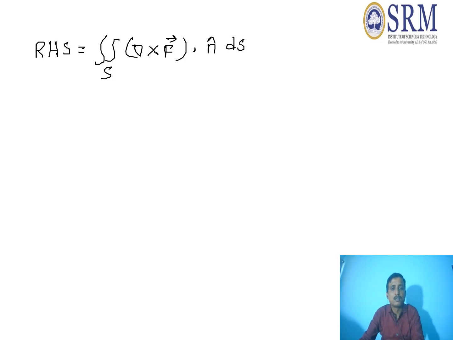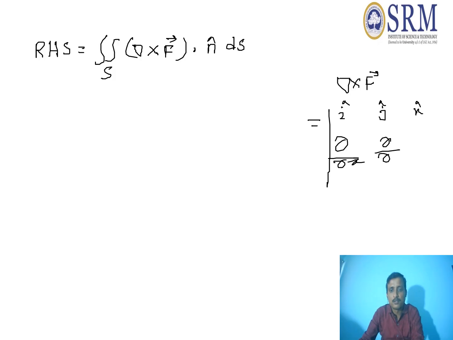So this curl of F you have to calculate. That means del cross F, so you have to solve the determinant. Now what is the determinant? That is i, j and k, and it is ∂/∂x, ∂/∂y, ∂/∂z, and the coefficients you also write down.